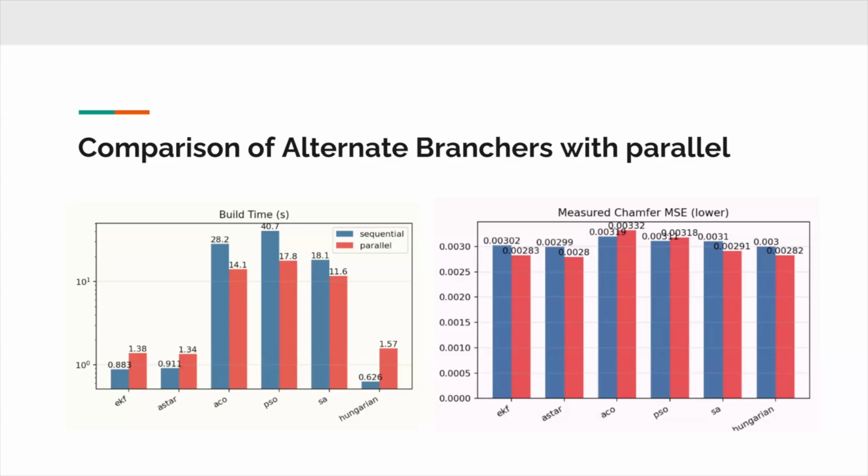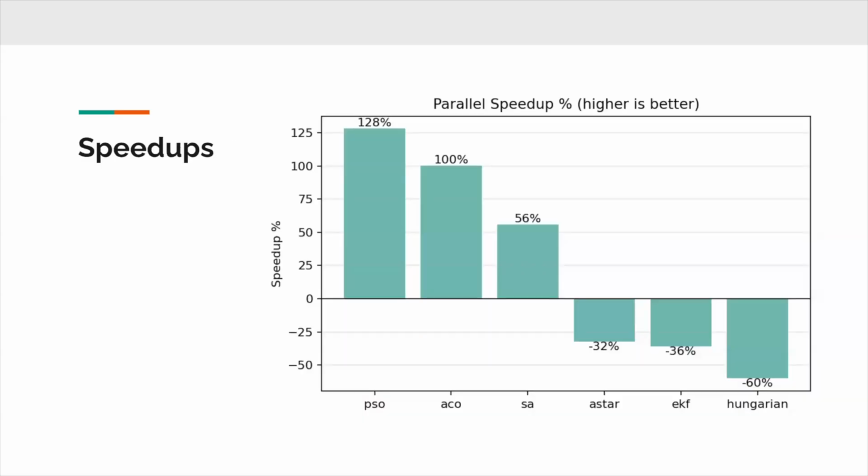But it does keep a relatively similar MSE to the previous, if not improving it. Just a quick speed up: the highest speed up we saw was 128%. The lowest was 60%, or negative 60%. And so this showed promise with the collaborative approach.